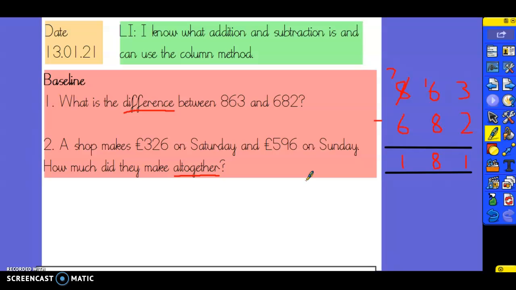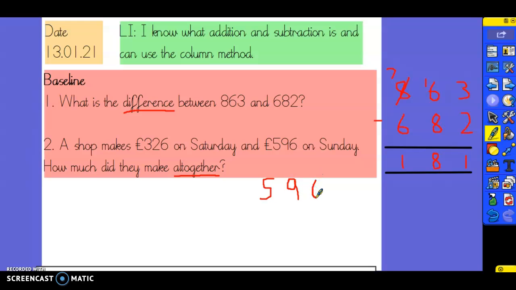Shop makes £326 on Saturday and £596 on Sunday. How much did they make all together? All together is another bit of vocabulary that we hear when we're talking about addition. So again, we start with the largest number, 596.